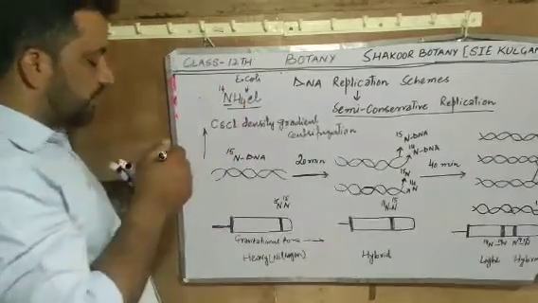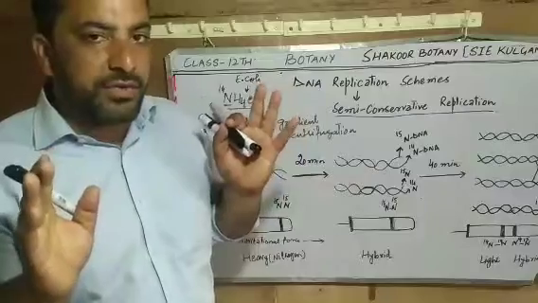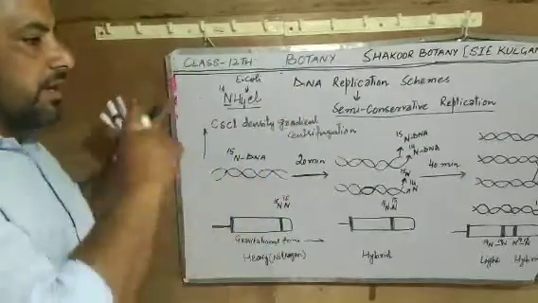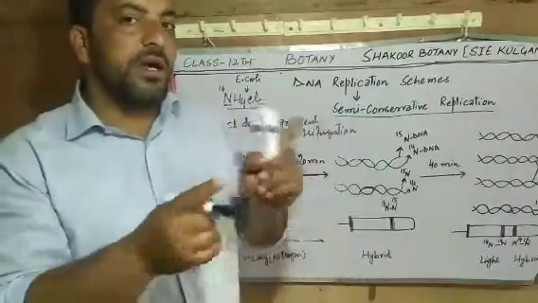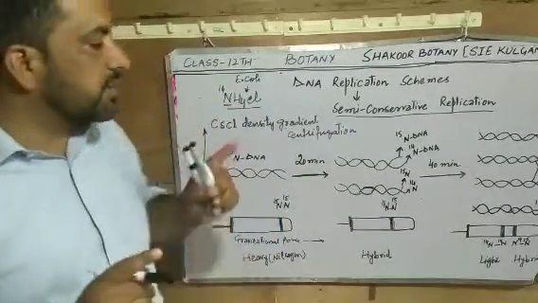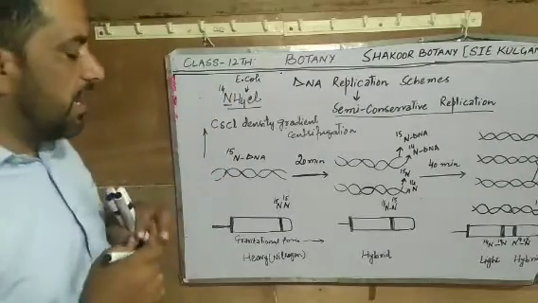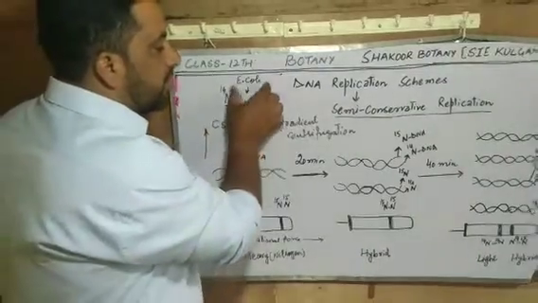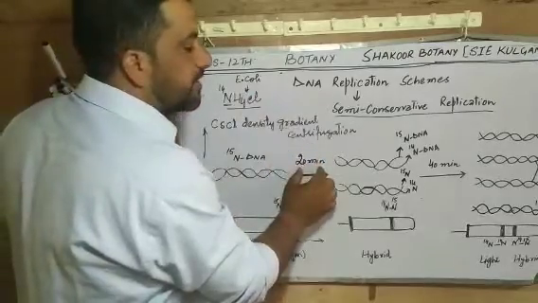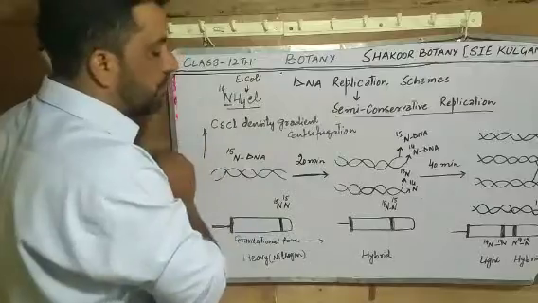Normal nitrogen is there in the ammonium chloride. Earlier we were having N15 in the ammonium chloride. Now the N15 ammonium chloride solution was replaced with N14 ammonium chloride solution. And they cultured this E. coli for 20 minutes on this ammonium chloride medium having N14 nitrogen.